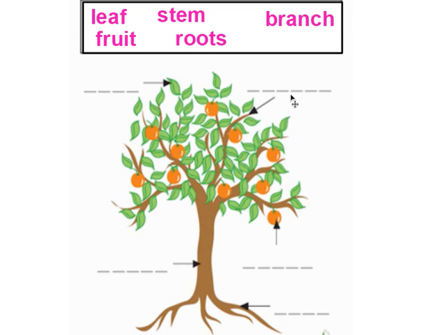Yes, we are talking about plants. So let's look at this beautiful plant. Yes, we are going to label the parts for you to know that plants have different parts. Now let's look at the green beautiful things on top of the plant. Can you guess what they are?